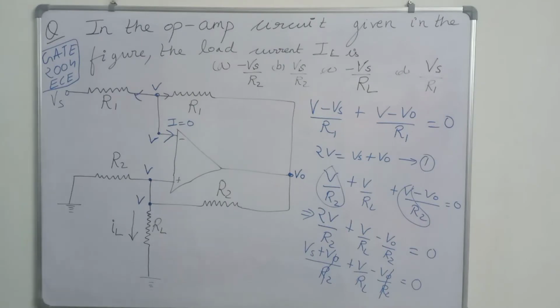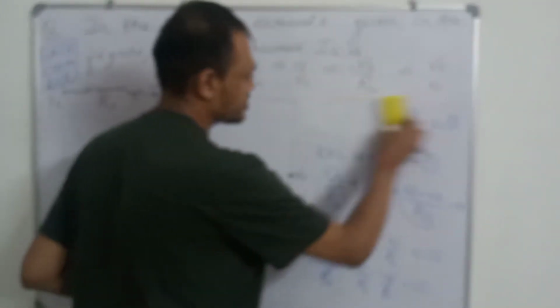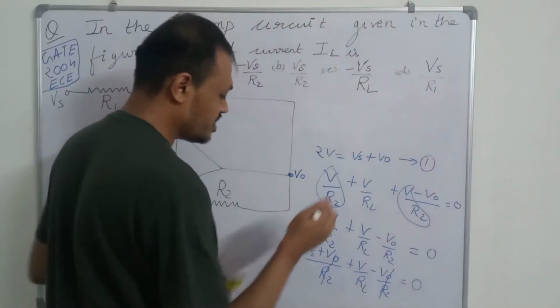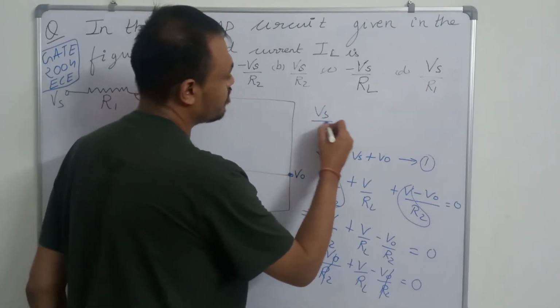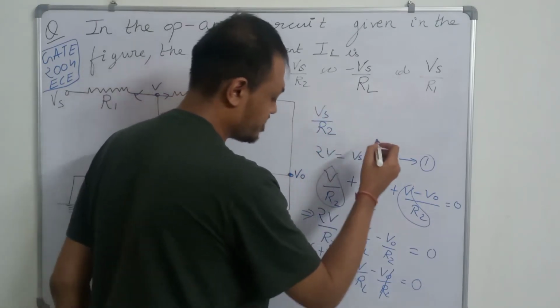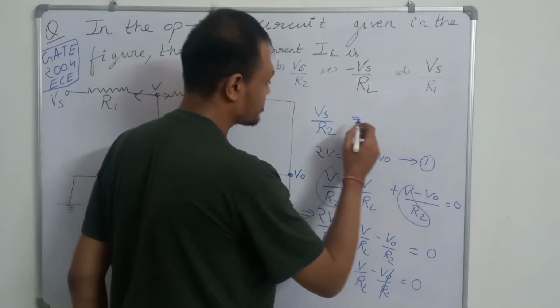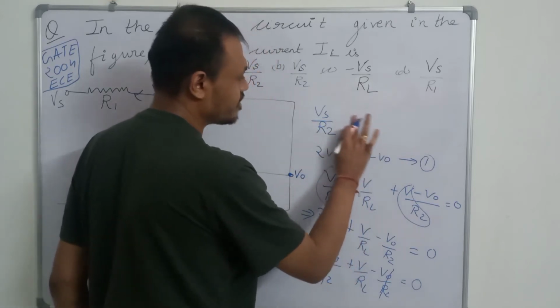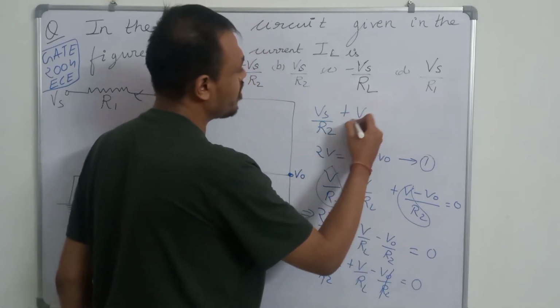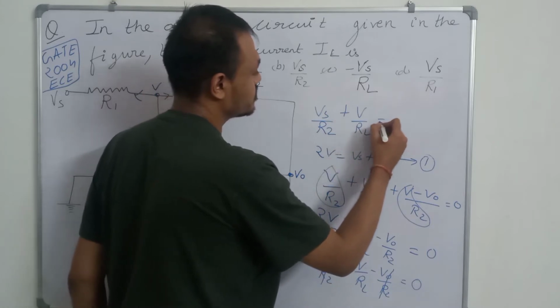So this will give Vs upon R2 plus V upon RL is equal to 0.